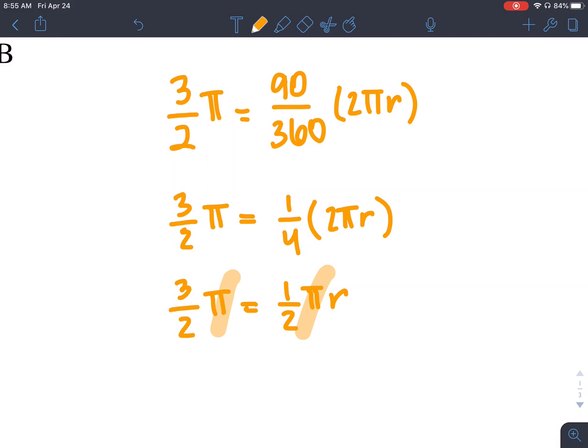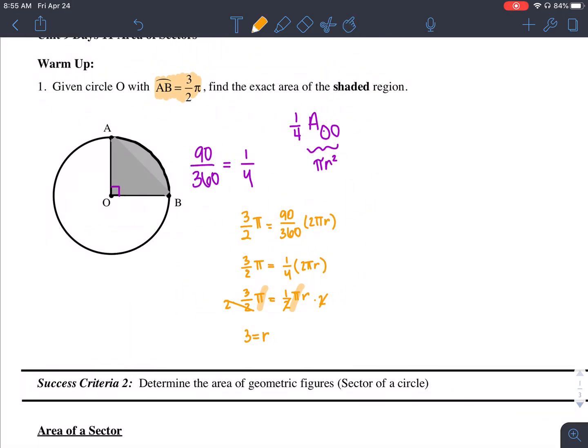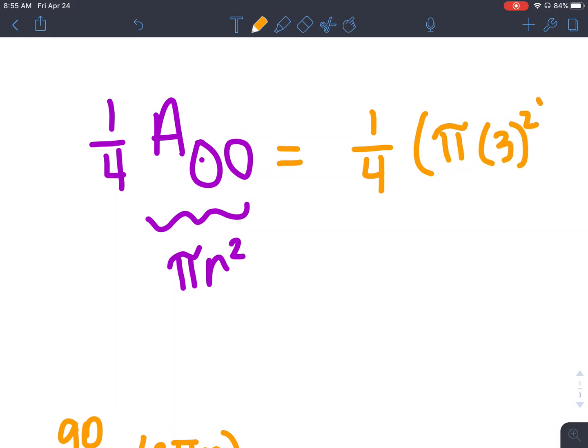And remember, my whole goal is to find the radius. So if I multiply both sides by the reciprocal to get rid of that 1/2, I get that the radius is equal to 3. Okay, so now I can go back to the area of my circle: 1/4 and then pi, my radius is 3 squared.